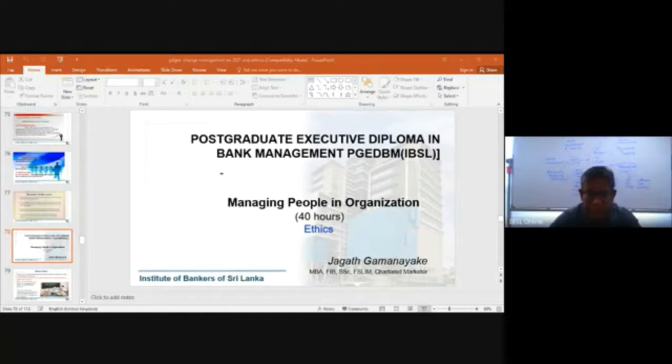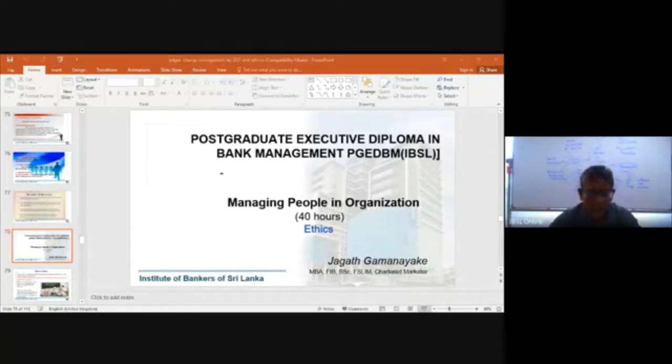One, the banking products are very complicated and always have a one-sided favor, difficult to understand. So therefore, banks need to develop a code of conduct to achieve certain objectives.